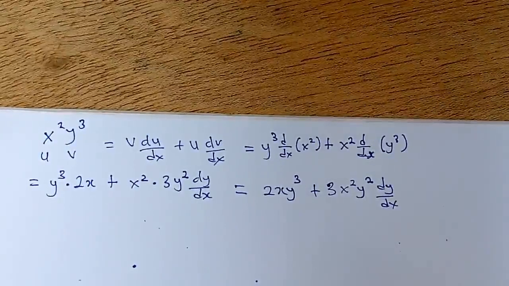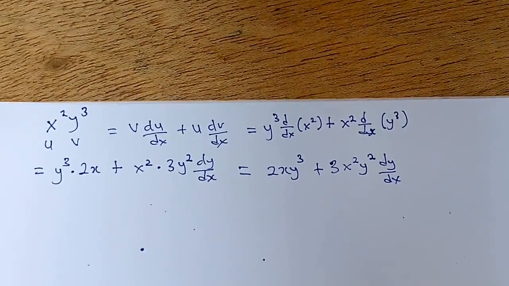This is how we tackle such questions. When we deal with a product, you use the product rule, and then we can easily go. All right, so I think we are good to go.